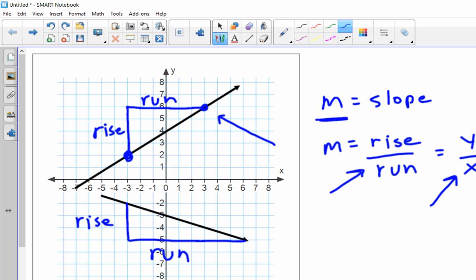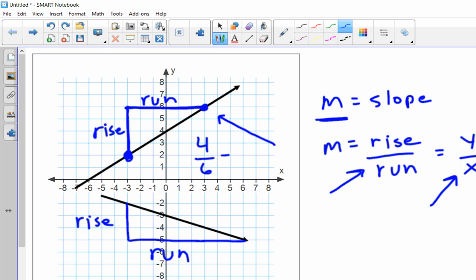So finding slope, we're just finding the change in the rise and putting it over the change in the run. Looking at this first one again, in the rise I went up 1, 2, 3, 4, and I went over 1, 2, 3, 4, 5, 6. So I get a slope of 4 over 6.